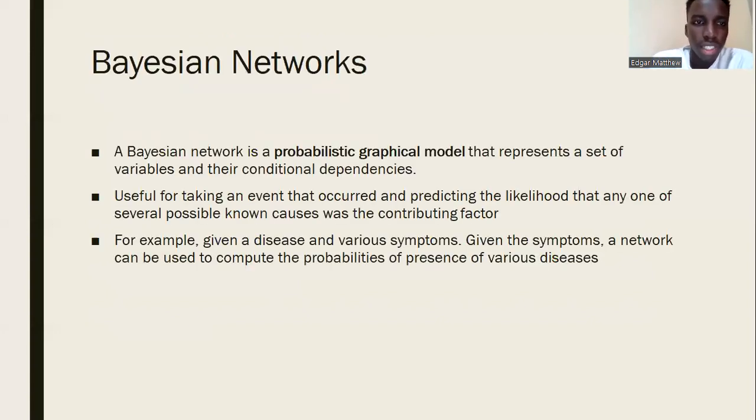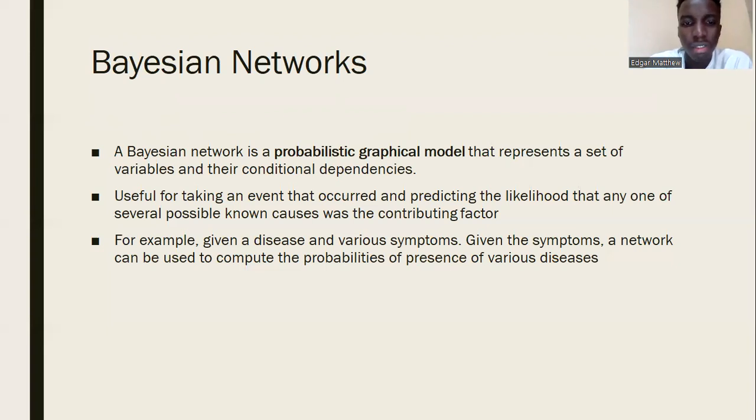Next, we talk about Bayesian networks. A Bayesian network is a probabilistic graphical model that represents a set of variables and their conditional dependencies. We use Bayesian networks in situations whereby we're trying to predict the likelihood of something while knowing the causes, while knowing the contributing factors.